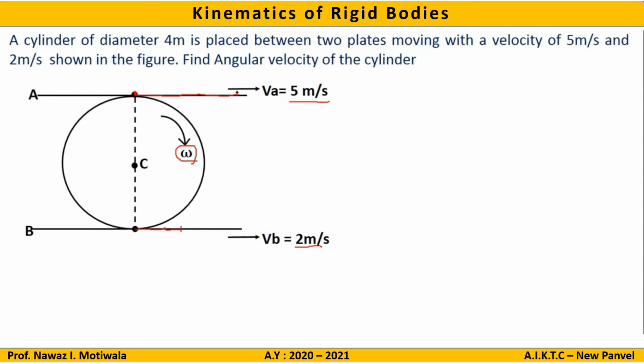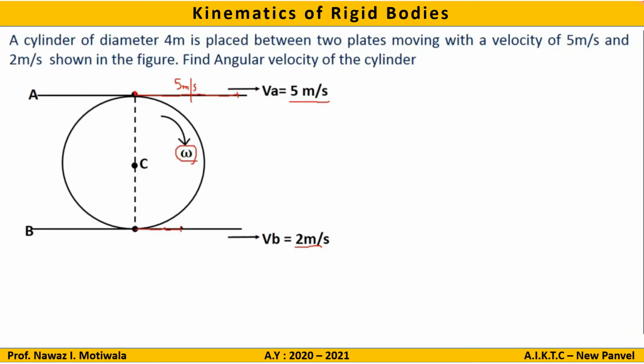If I make the line this big for 5 meter per second, proportionally I will make this line shorter for 2 meter per second. It is just a proportion. You don't have to make it as per scale.